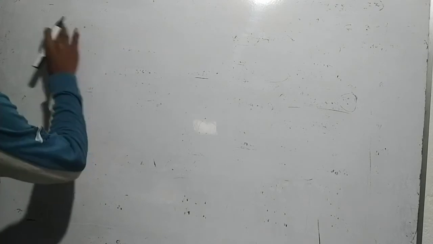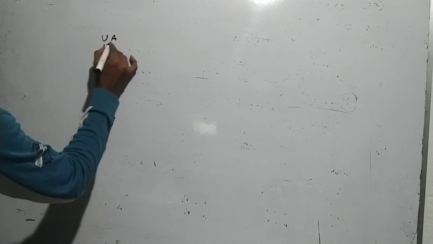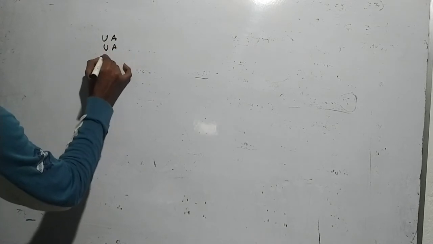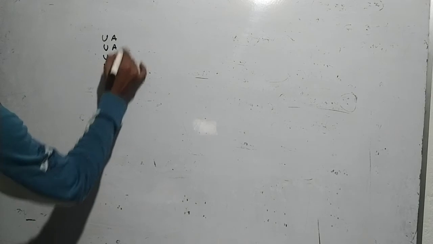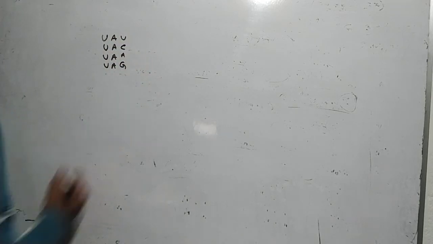In the third column and the first row, we have the A as a second letter, so the first letter is always the U, and we have the UA. So UA, again UA, and again UA. Here we will have U, C, A, and G.